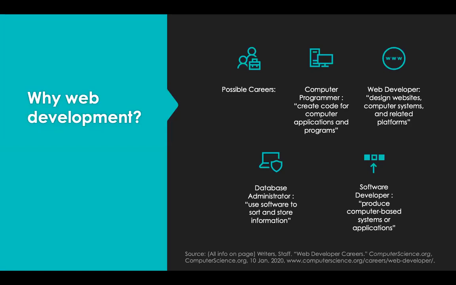You could be a database administrator and use software to sort and store information. Or you could also be a software developer and produce computer-based systems or applications. All of these careers and many more fall under web development. And if any of these sound interesting to you at all, then this workshop might be a good fit for you.